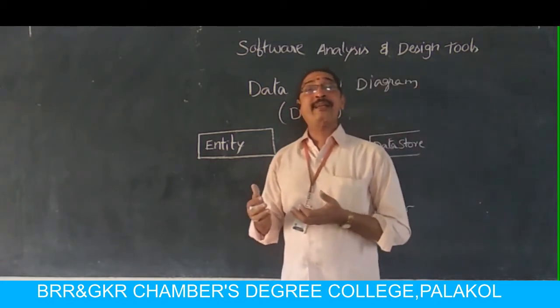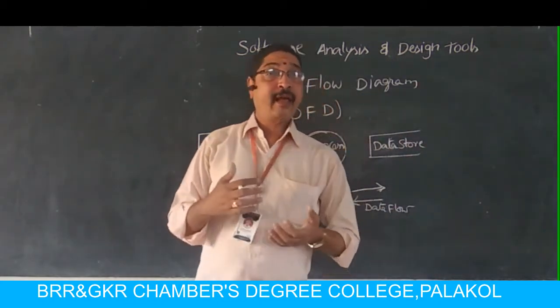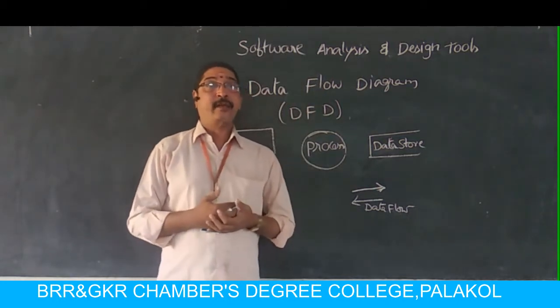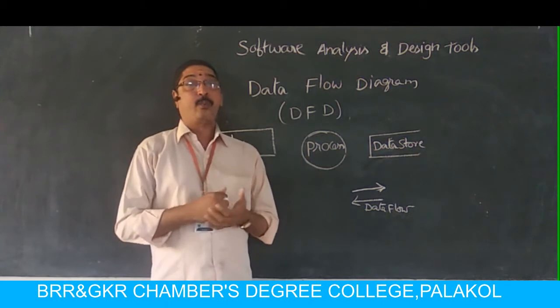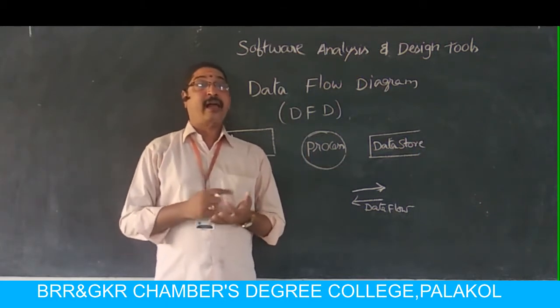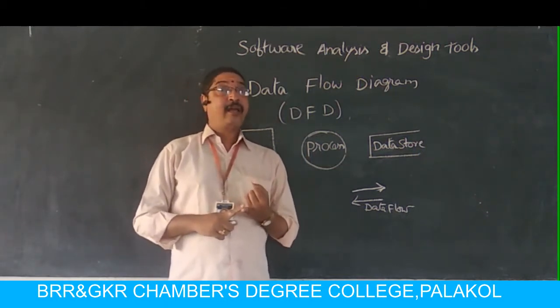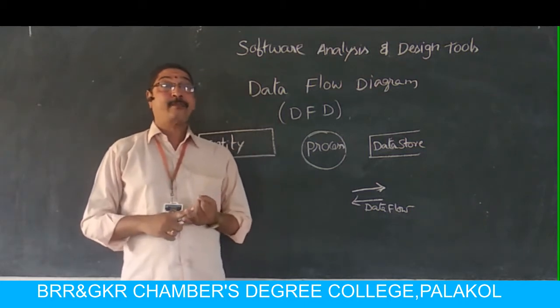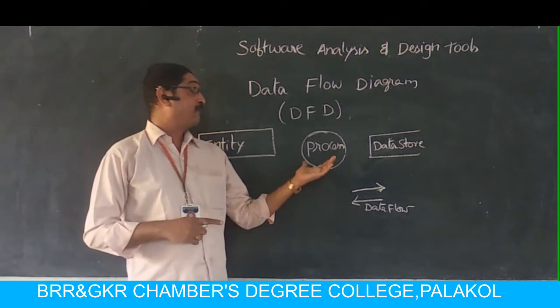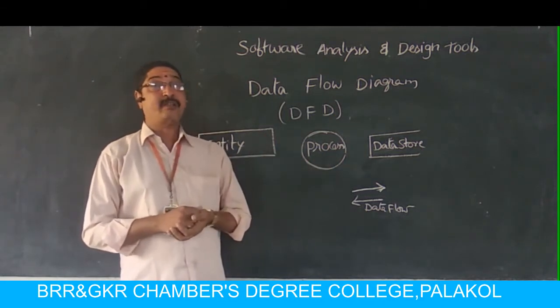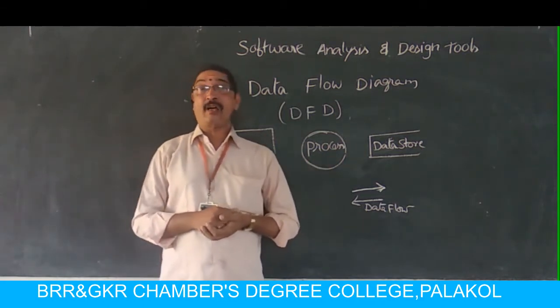So you may have so many activities in our software development system. These will be represented with the help of circles. Actions, tasks, all these processes will be represented with the help of these circles. This is one more symbol that we have to use in data flow diagrams.